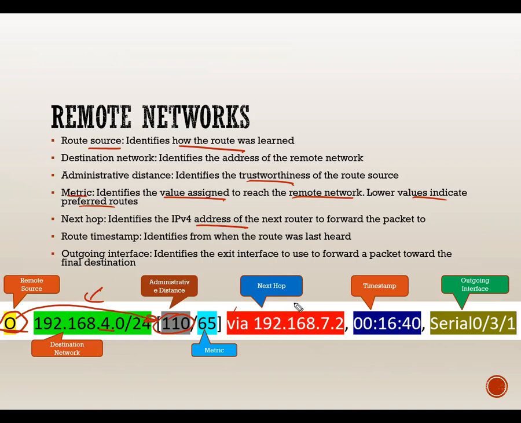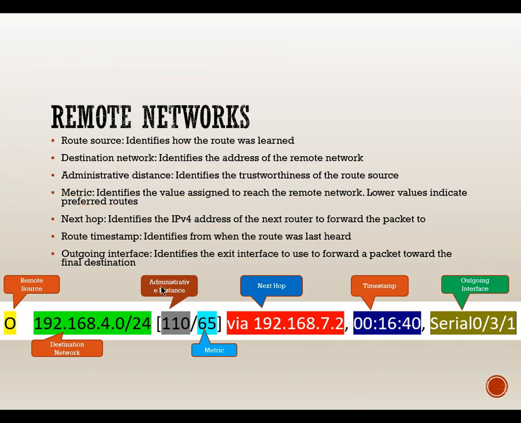So this is going to be the IP address of the interface that is directly connected. The route timestamp is when the route was last heard. This one's 16 minutes and 40 seconds ago, the last time that we knew that it was valid. We don't know that it's invalid because we haven't gotten any notification to say that it's no longer any good. The outgoing interface identifies the exit interface, the interface on the device where the route is going to go out of.